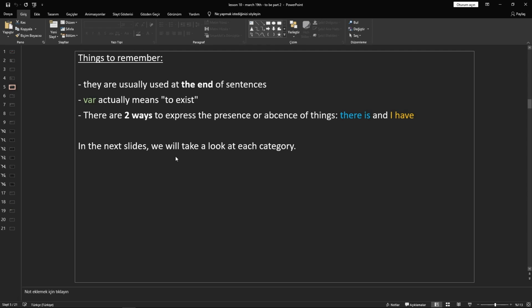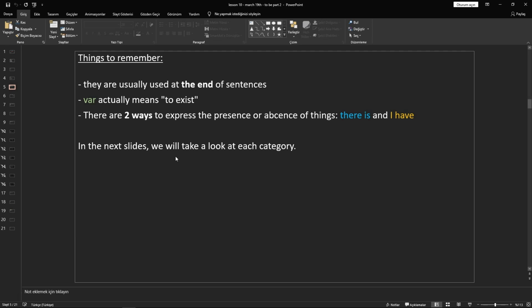You can change this order, you can switch the subject to the end or the verb to the beginning, but in most cases, var and yok goes at the end of a sentence. And var actually means exist, like it exists, bu var. This will be very confusing for English speakers and Spanish speakers. If you're not familiar with this concept, it will be weird for you, so try to get familiar with it.